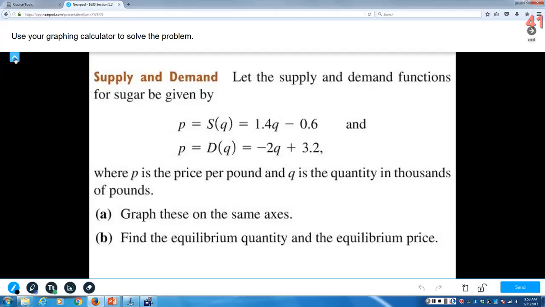How you use it's up to you. You can use it just to do the arithmetic. You can use it to draw a graph. So what you want to do is find the equilibrium point, which is the equilibrium quantity and the equilibrium price.